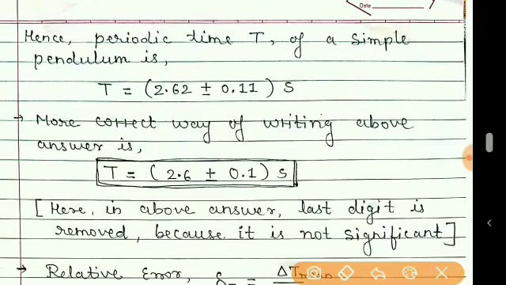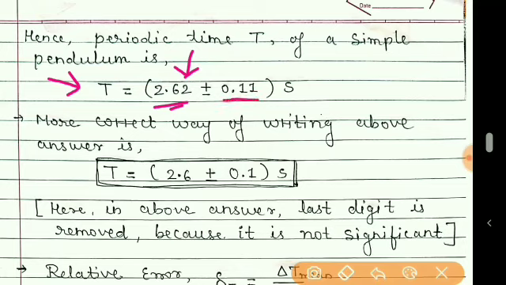Now here in the measurement of this periodic time, in the true value, the last digit, that is 2, is not certain, it is not significant, so we can remove that digit.